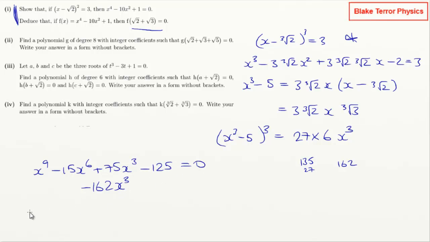So well, I've got all that together. So I've got x to the 9 minus 15 x to the 6, and then what's that, 87 x cubed minus 125.